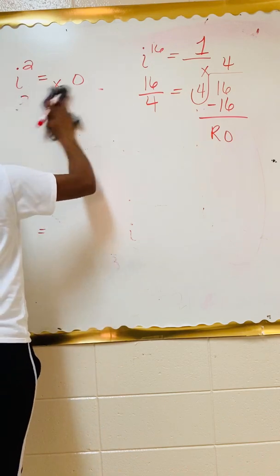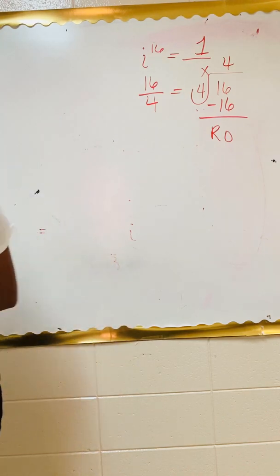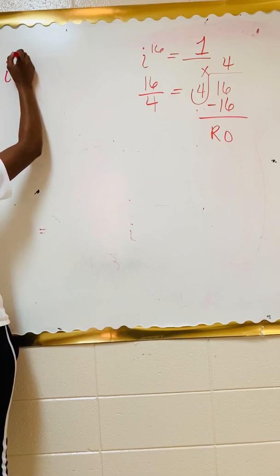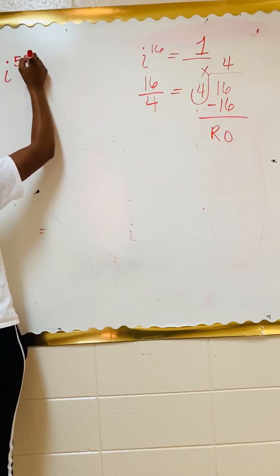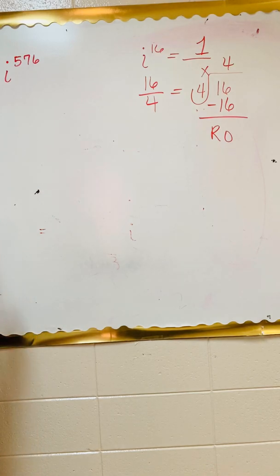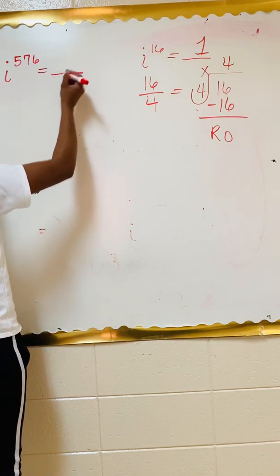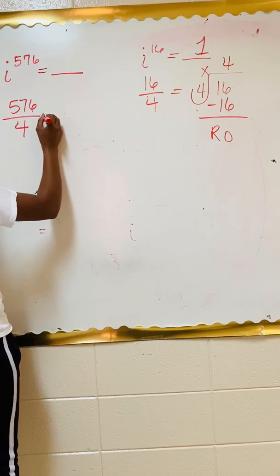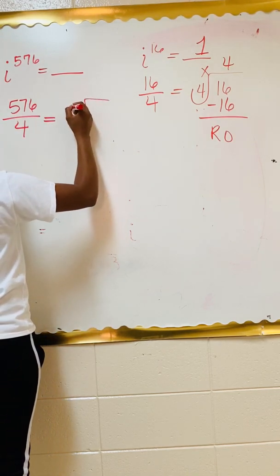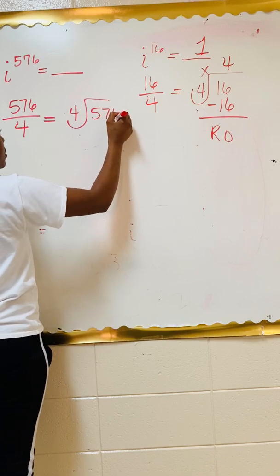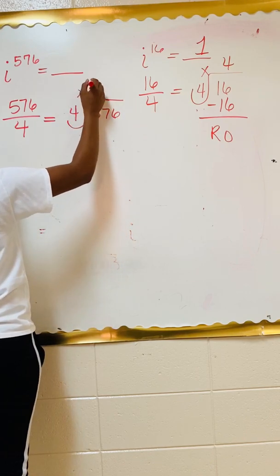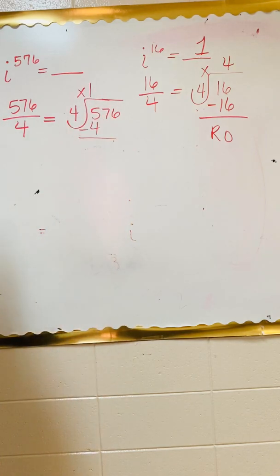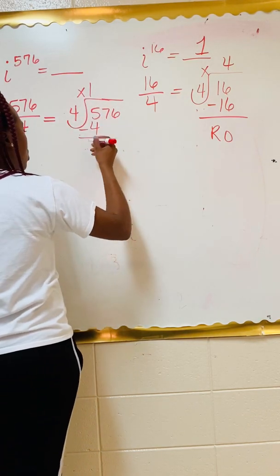Absolutely. All right, let's do a big number. We're going to do i to the power of 576. What does that equal? Again, you take that exponent and divide it by 4. 4 is your divisor, 576 is your dividend. 4 goes into 5 one time. 4 times 1 is 4. Subtract 5 minus 4, which is 1.